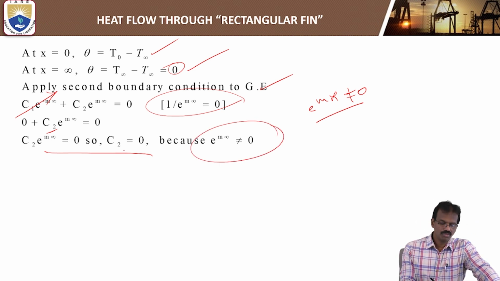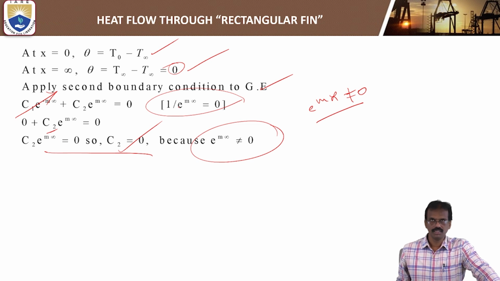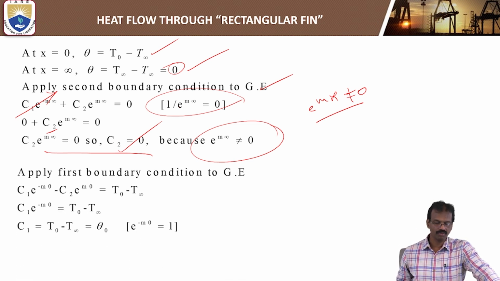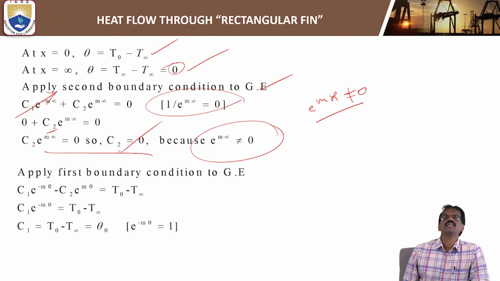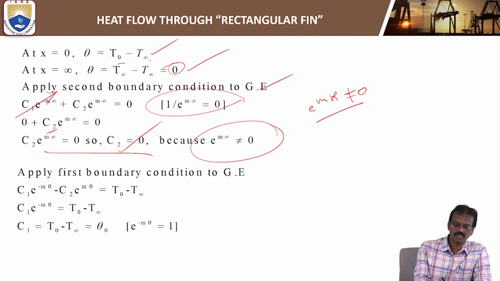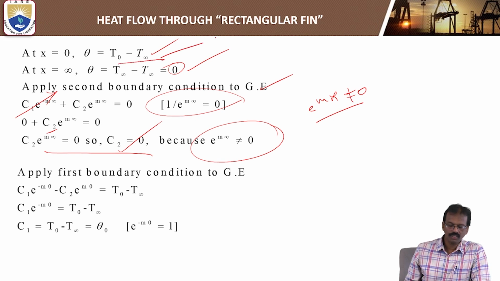So from this we got C2 is equal to 0. Then apply the first boundary condition. What is the first boundary condition? At x is equal to 0, theta is equal to theta naught, which is T naught minus T infinity. T naught is the base temperature.